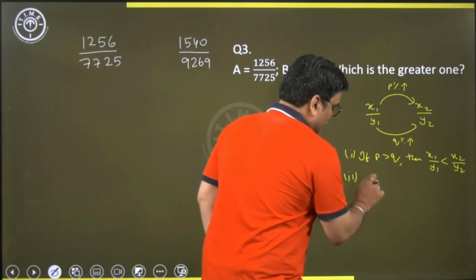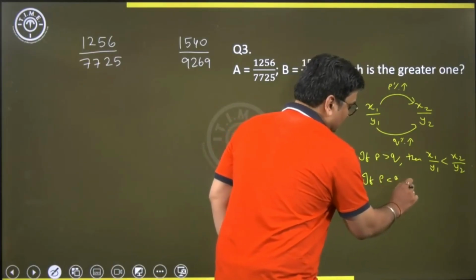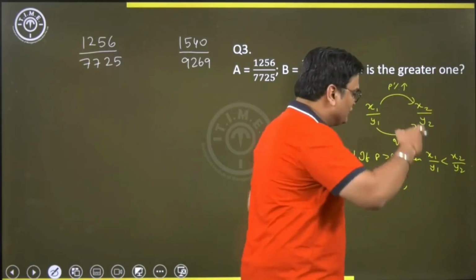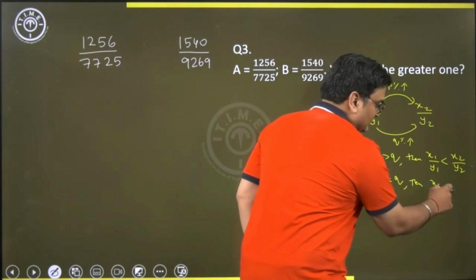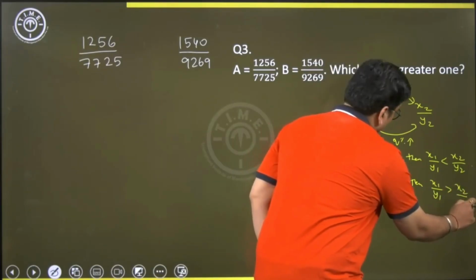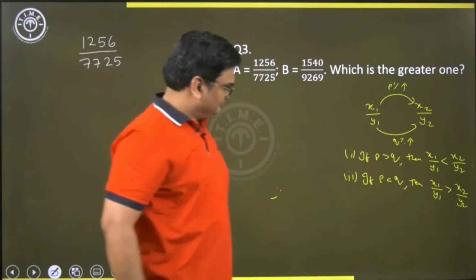If at all you do the opposite, if p is less than q, that means denominator is increasing faster than the numerator, then the fraction value will be reduced, so x1 by y1 will be bigger than x2 by y2.